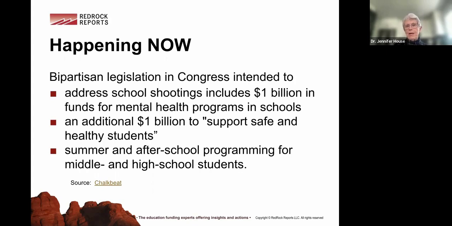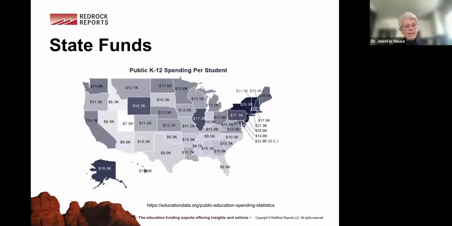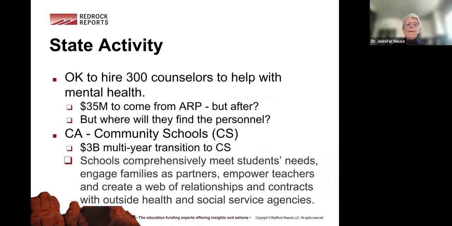And the article that came out is in Chalkbeat, and I've given you the hot link to that one. State funds, I won't go over it. It's really what's the spending per student. But Oklahoma, here are some examples of SEL movement in the states.